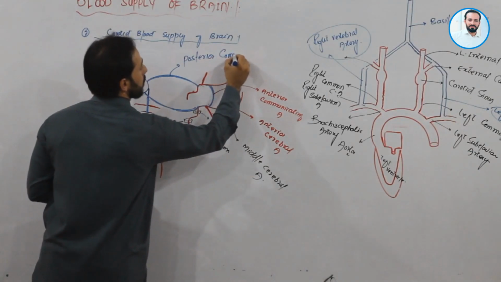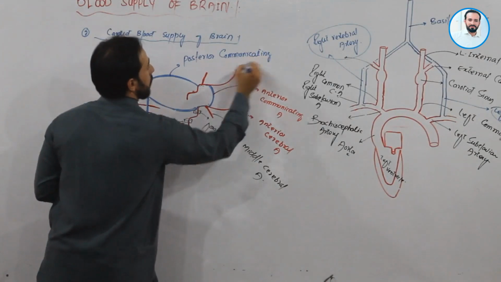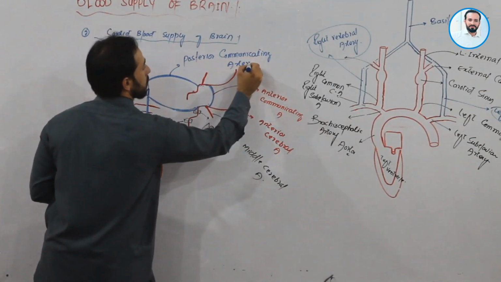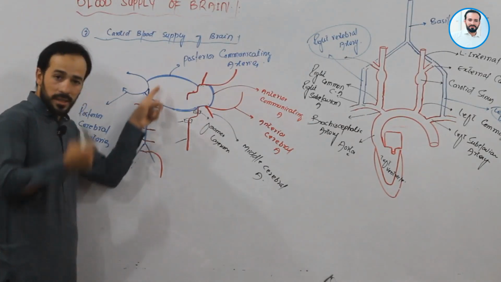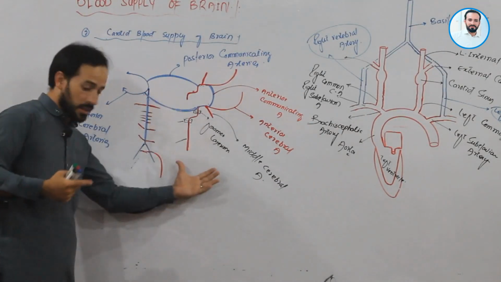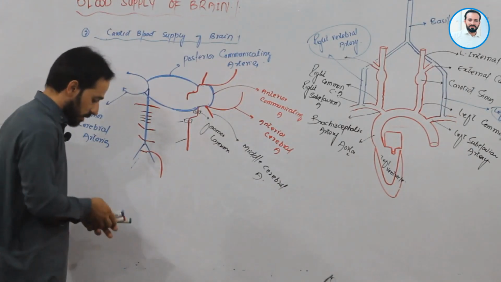These are the posterior communicating arteries. Right? These posterior communicating arteries are communicating the carotid system to the vertebro-basilar system. Right friends?